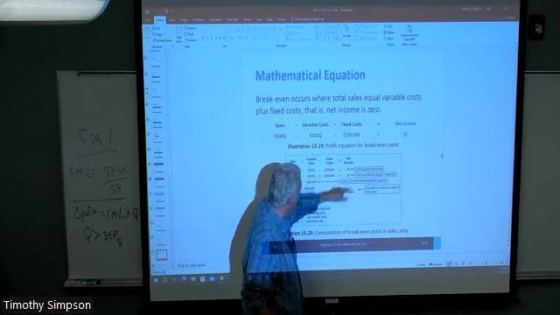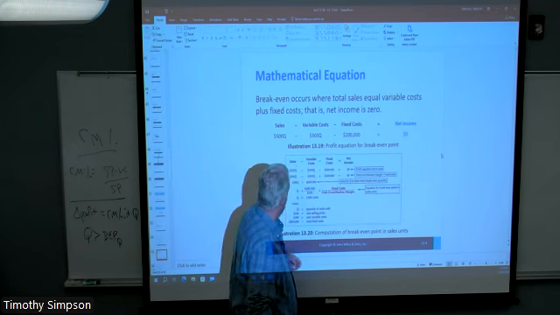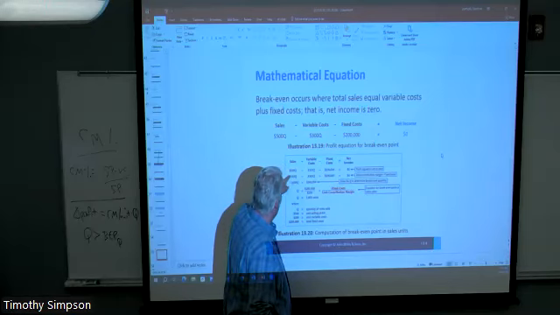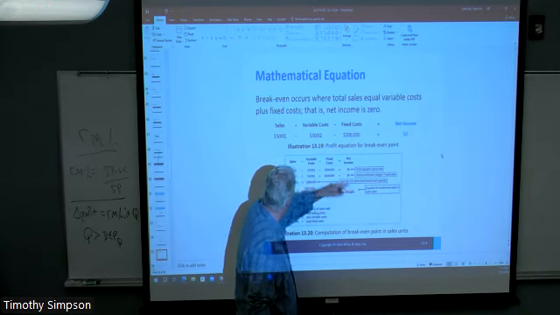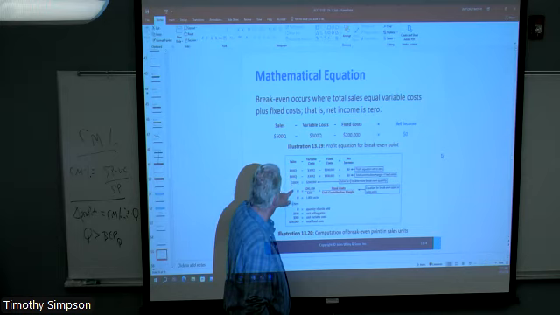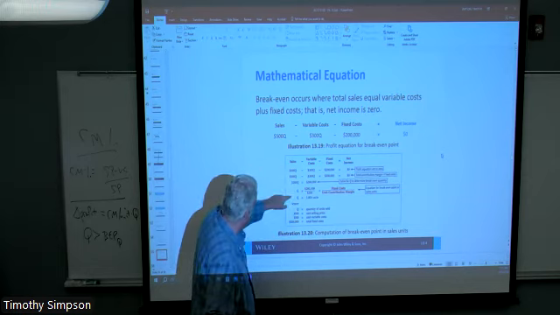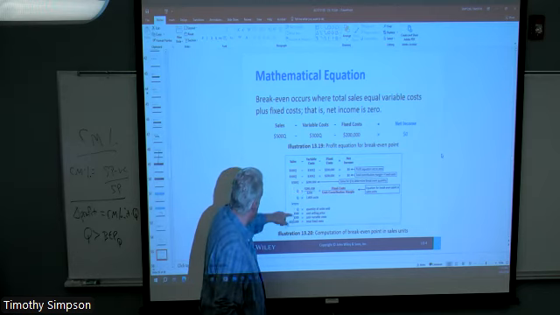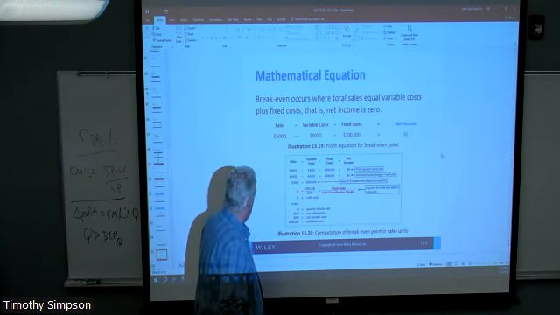In this case, it had to be 0, so we're setting it to 0. If we do the math here, we simply can reduce this to 200Q by subtracting these and moving this 200,000 over to the right side. So we end up with 200,000 divided by 200 is 1,000 units, because the Q's will cancel out.